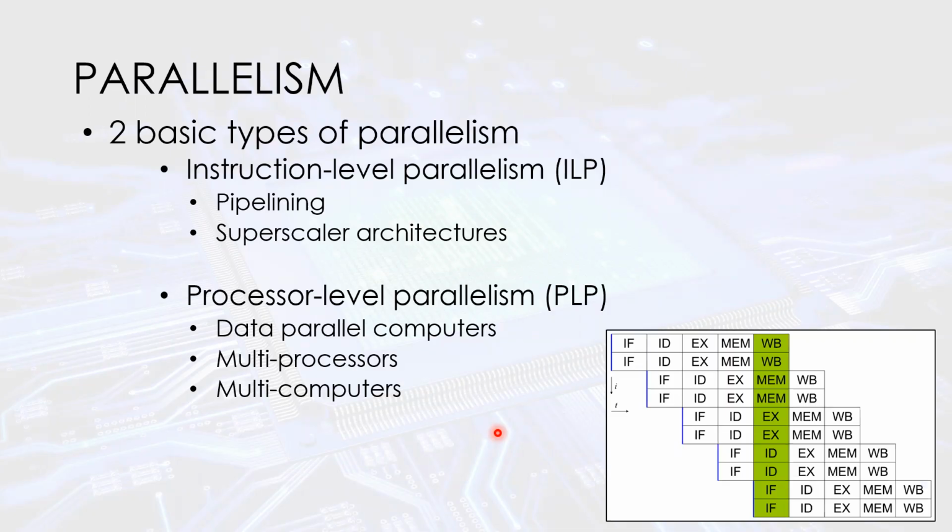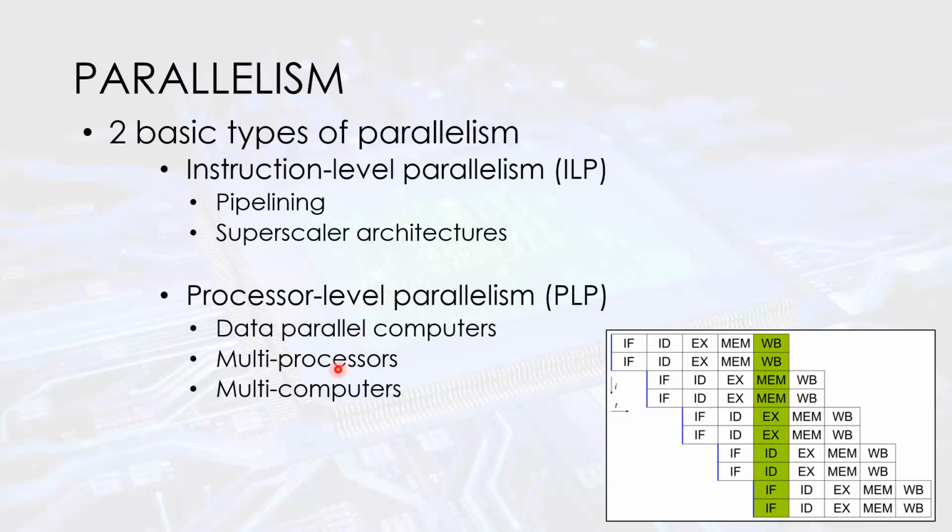With ILP, instruction level parallelism, we'll hear keywords like pipelining, which we've talked about, and superscalar architectures, and we'll break those down in a second. The idea behind ILP is that we're doing parallel operations at the instruction level. We can potentially break down a single instruction and execute parts of that instruction in parallel, okay?